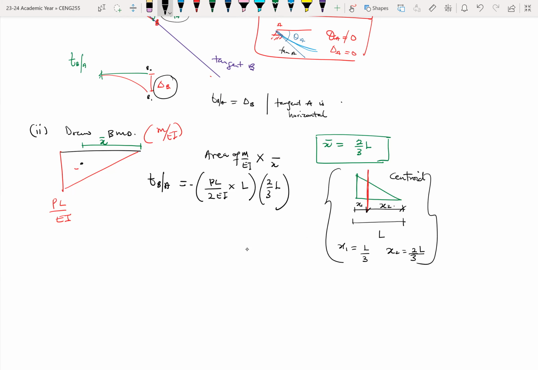So once we have that, TBA will be equal to minus PL cubed over 3EI. We have already established that in this case our TBA is the same as delta B. So the deflection at B is the same as the vertical deviation between point B and the tangent extended from A.